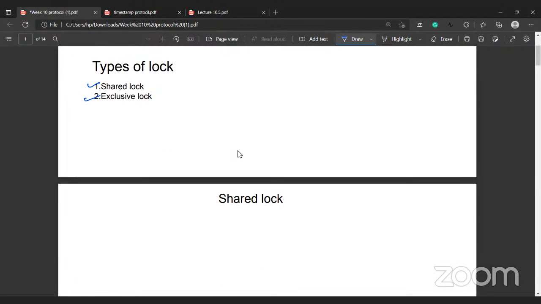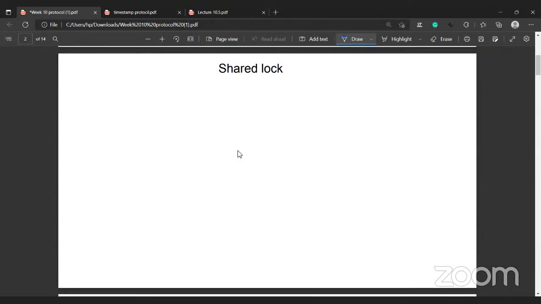One is shared lock and the second is exclusive lock. So what is shared lock? If a transaction wants to perform reading on any data item, it should apply a shared lock. Suppose transaction T1 wants to perform a read operation, so it should apply a shared lock.